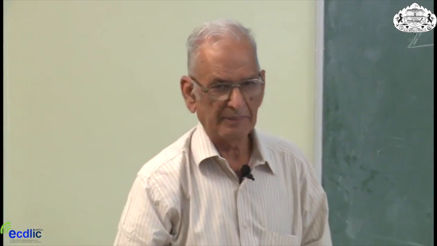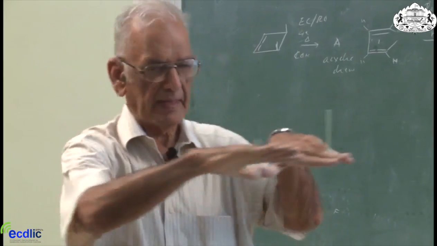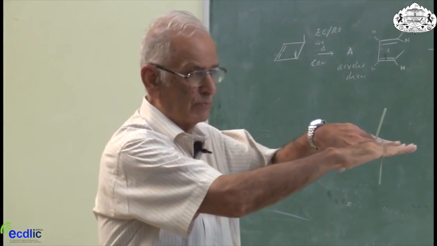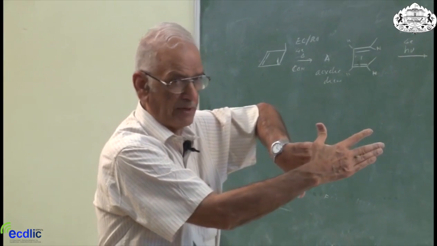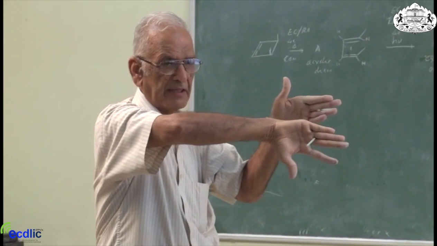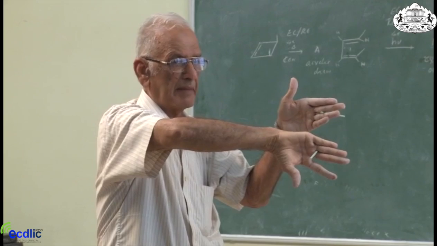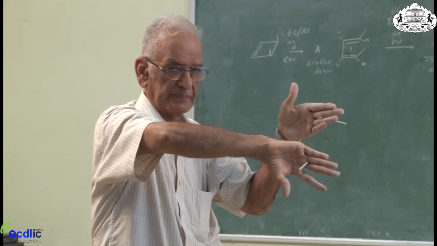So, what is the picture? One methyl group is up, one methyl group is down. If I move both in a clockwise manner, what happens? The 2 methyl groups create a problem. So, I move it in the other way. When I move it in the other way, both my methyl groups are outside.